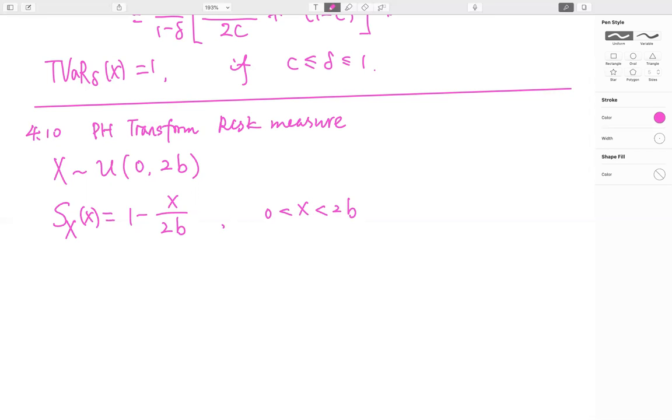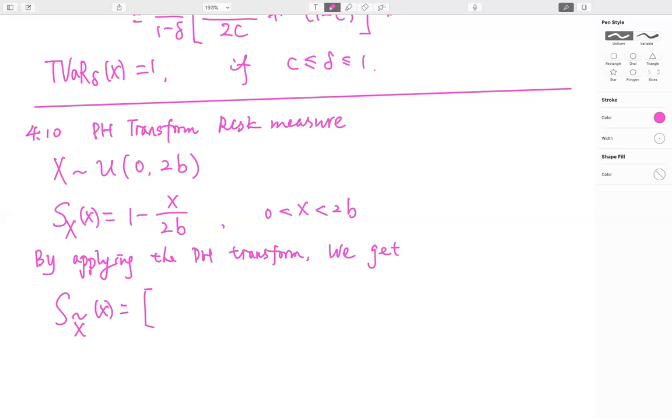So we need to apply the pH transform, and we get the new survival function S tilde, which is the whole thing raised to the power 1 over gamma, and the gamma is greater than 1.